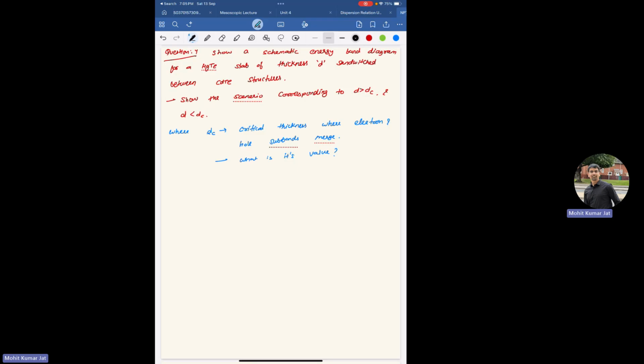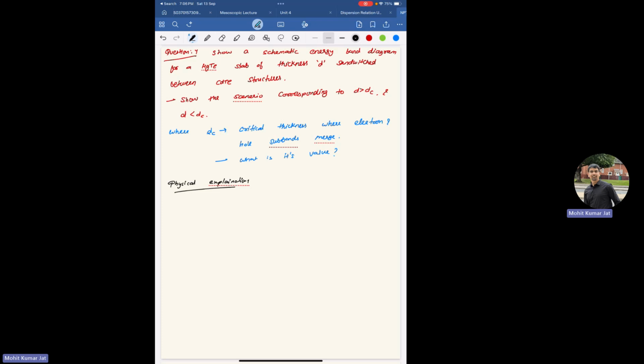So a mercury telluride quantum well sandwiched between CdTe barrier has quantized subbands derived from the bulk gamma 6 and the gamma 8 band that we have discussed, right?